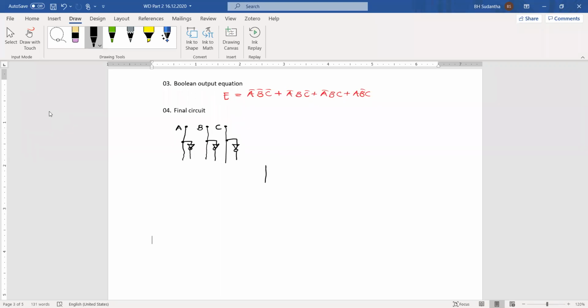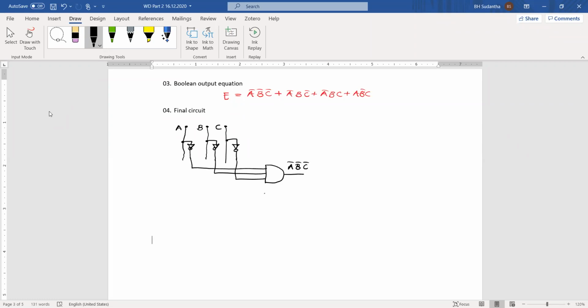To make the first term, we need A bar, and B bar, and C bar. This is A bar, B bar, C bar.